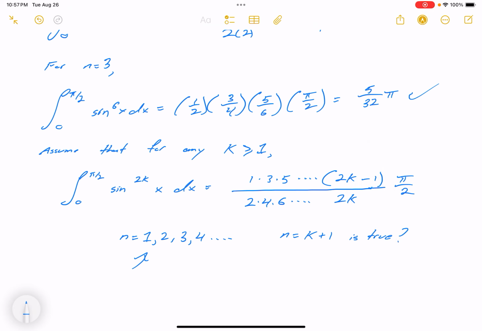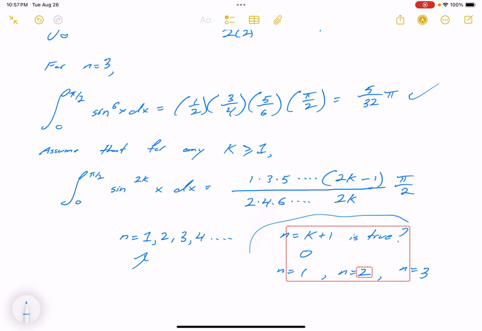Because look, we have n equals k, and k can be an integer. So k can be 0. When k equals 0, n equals 1. When k equals 1, n equals 2. When k equals 2, n equals 3.